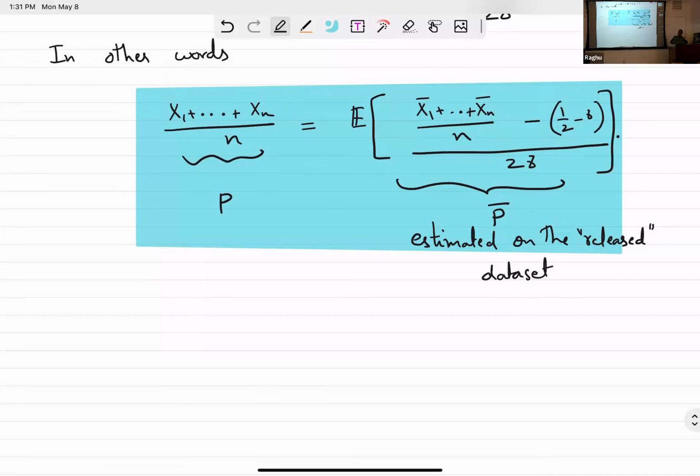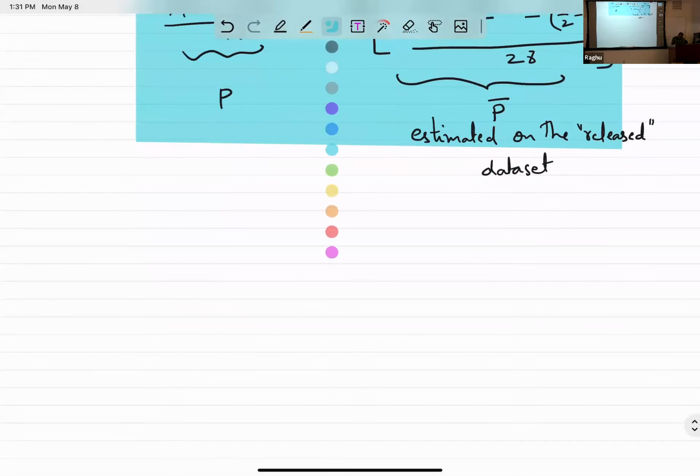If you have 1,000 people, your estimate of the average is going to be better than if, let's say I'm trying to conduct a survey and find out the average age across the United States. If I query 1,000 people versus 10 people, the 1,000 people will give me a better answer, right? And there are various standard techniques in statistics to quantify it. And I'm just going to state one without proof here.